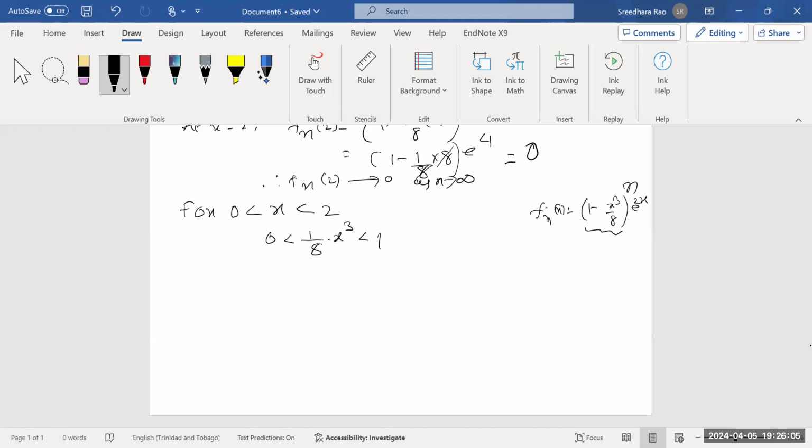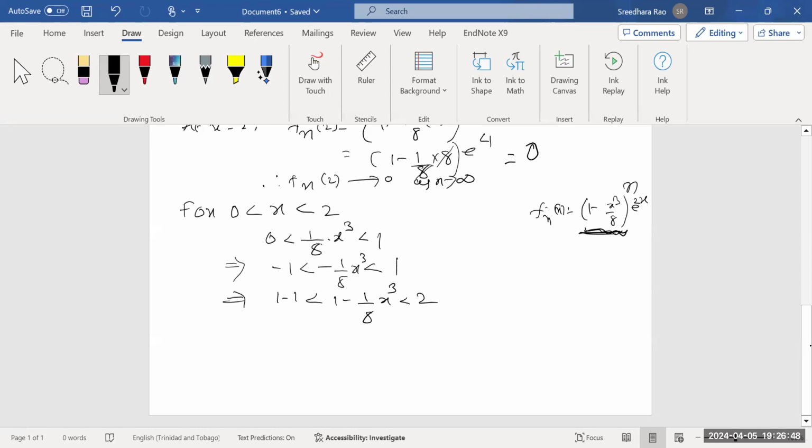Now I will multiply by minus, because in our problem it is 1 minus x cube. Then I am adding 1 on both sides of the entire inequality.